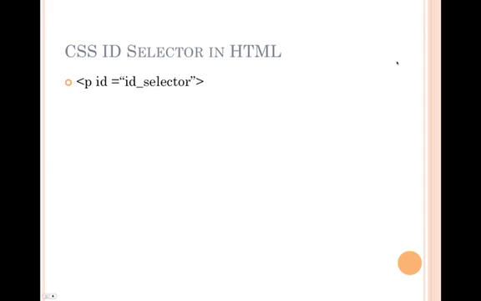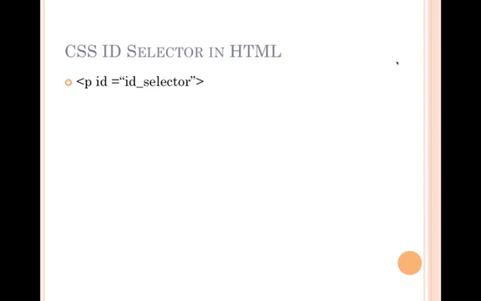Now, we saw the ID selector. Now I'm going to go through how CSS selectors are applied within the HTML code. Originally, we looked at how you define styles in a style sheet, but now we're going to look at how you apply those styles inside the web page.